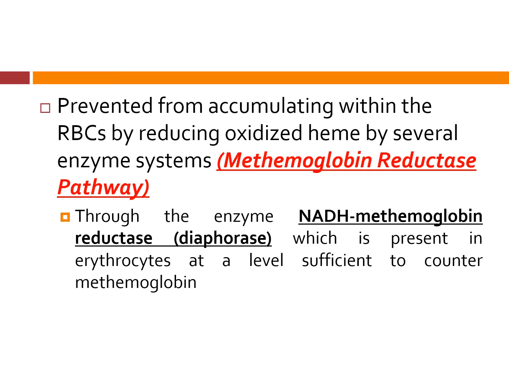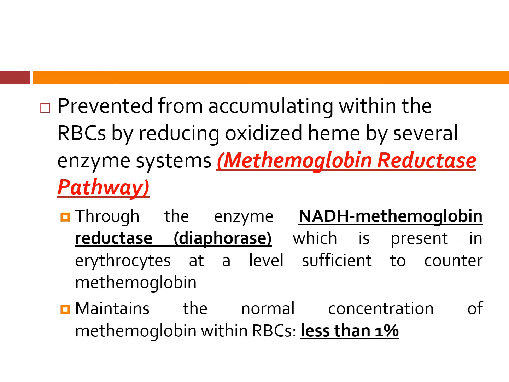This is actually one and the same enzyme that reduces your ferric form of iron into the ferrous form of iron. So this enzyme maintains the normal concentration of methemoglobin within the RBC.